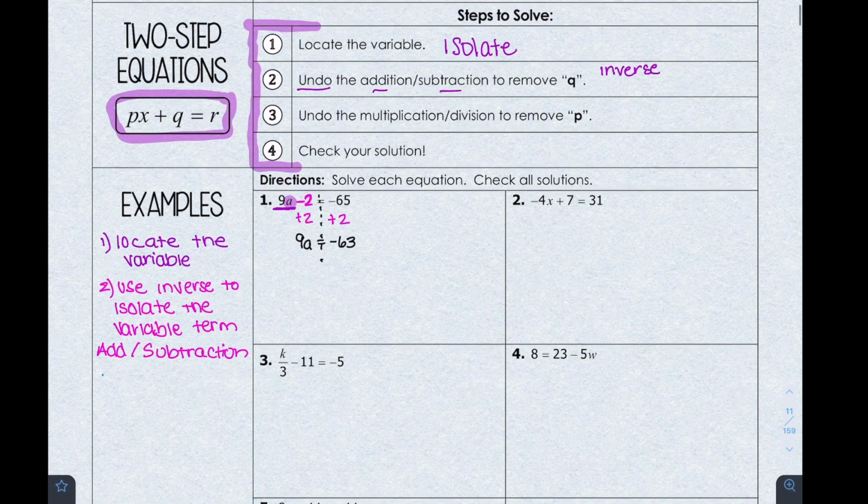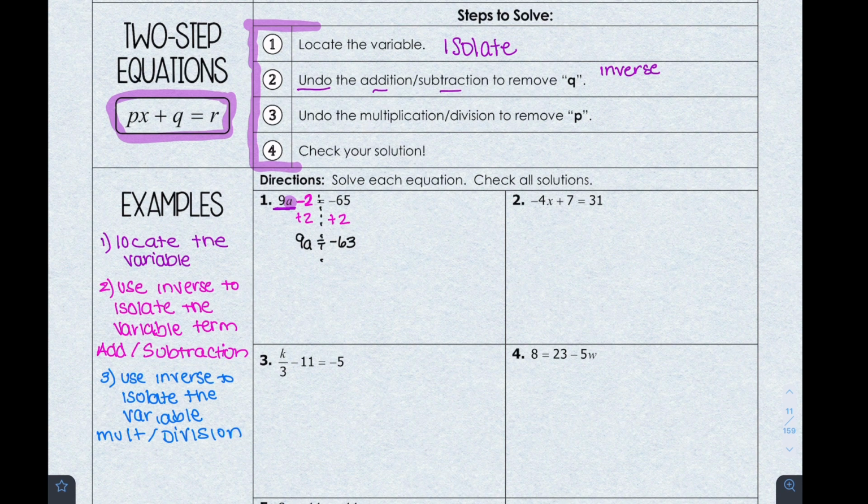Well, our step 3 is to use inverse to isolate the variable. Now it's just isolate the variable, not variable terms, but the variable. And I always do this at this step through multiplication or division. Once I've gotten it down to something like this, it will be multiplication or division that gets it done.